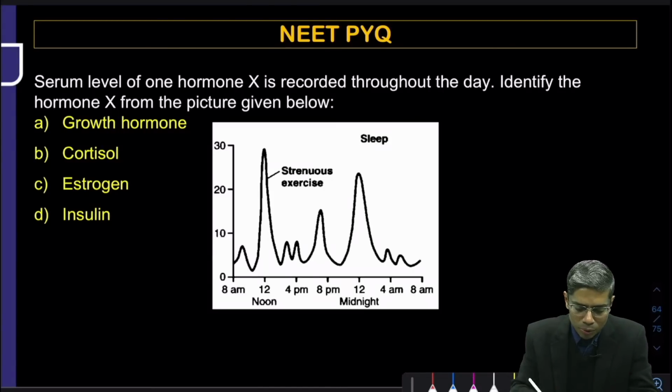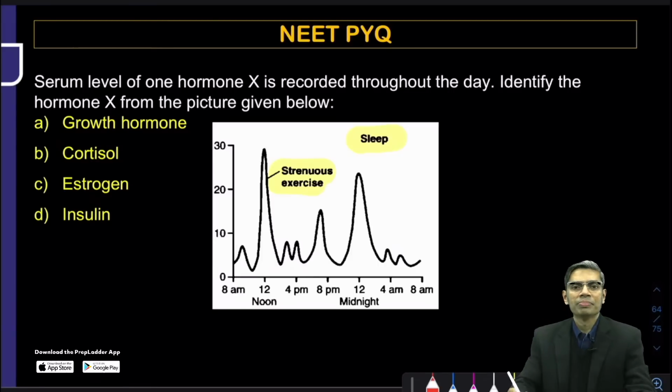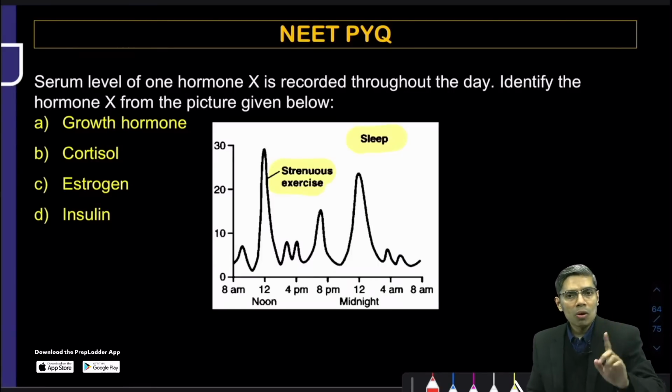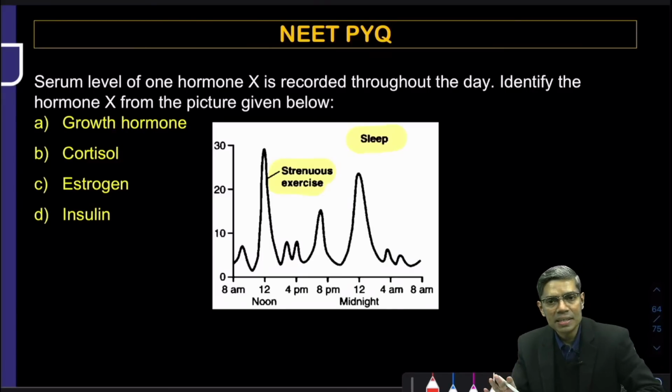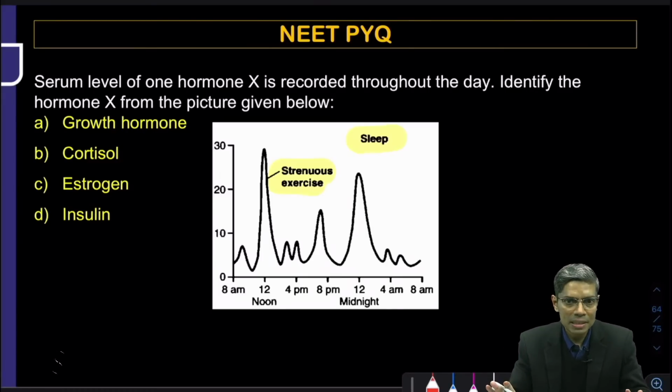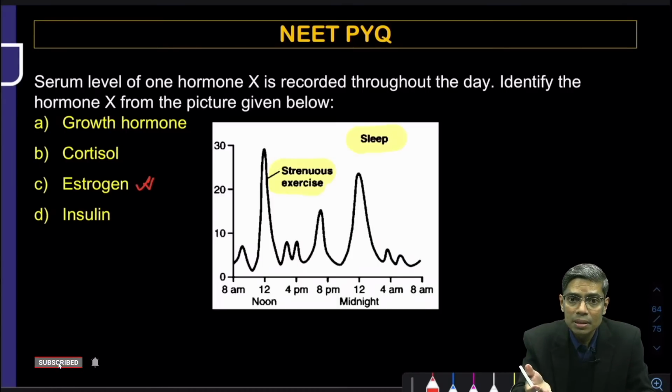So which hormone increases during exercise also, sleep also? Postural reflex is important in MBBS, not for the NEET PG. No. So see, cortisol is not affected that much in sleep. ACTH and thyroid hormone are not affected by sleep much. Estrogen increases sleep, but sleep cannot increase estrogen.